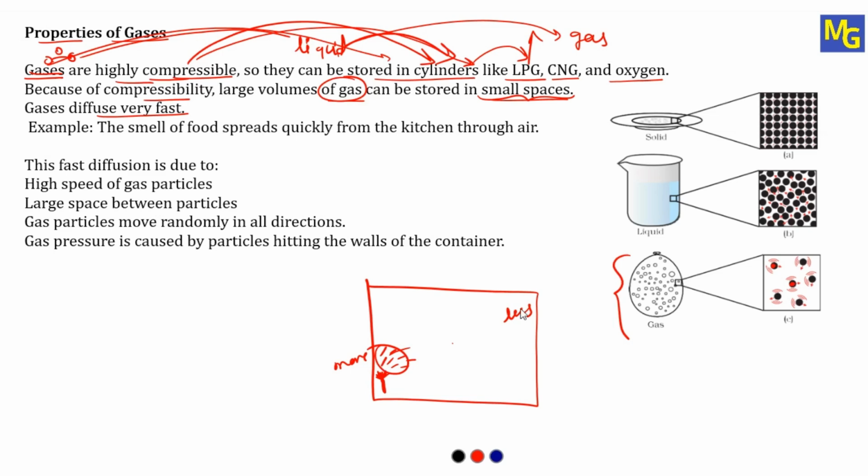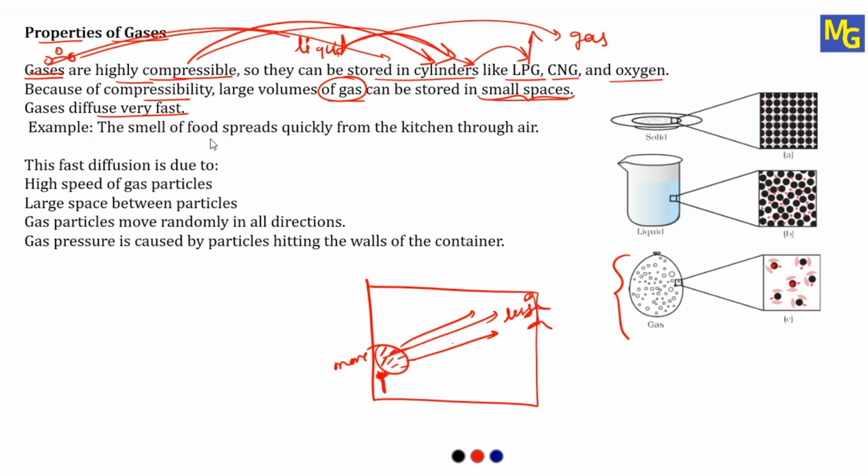Therefore, from higher concentration to lower concentration, these particles will move faster. And that's why if you stand at this other corner also, you can easily smell the incense stick present at this corner. So that is nothing but gases diffuse very fast.